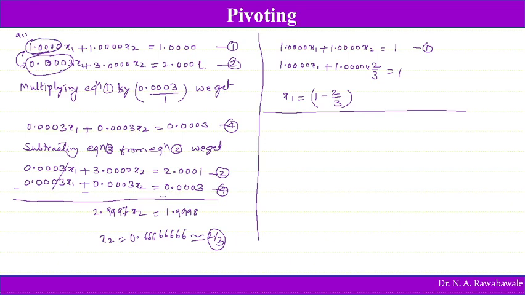That is nothing but the pivoting element. If a11 is very close to 0, approximately equal to 0, then the answers are sensitive to significant figures.